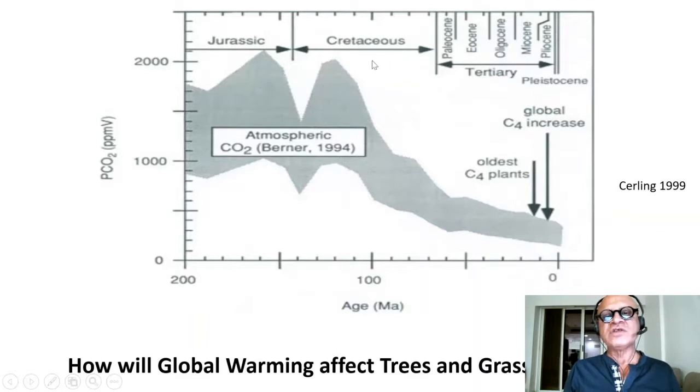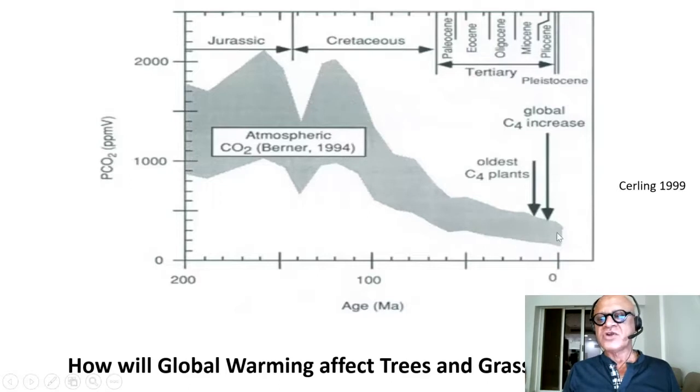In fact, it is known as the Cretaceous hothouse. When we talked about before, we mentioned that there was no Antarctic glaciers, Greenland glaciers, no Arctic sea ice, mammoths and all sorts of dinosaurs and so on were wandering around in the Arctic Circle. Vegetation was very different, and slowly over time CO2 has dropped.